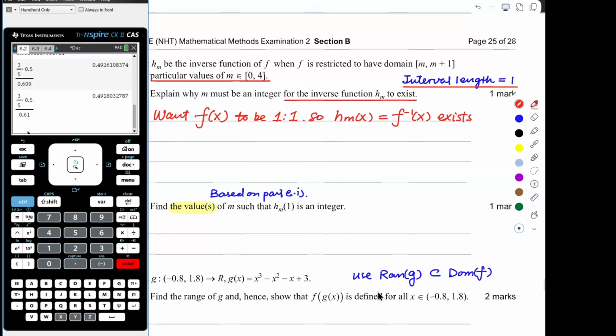As the interval length is 1, we have to choose 0 to 1, 1 to 2, 2 to 3, 3 to 4, or 4 to 5.